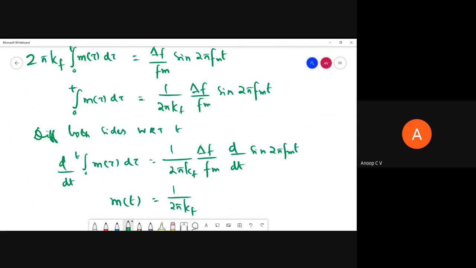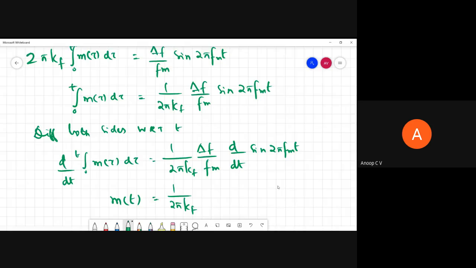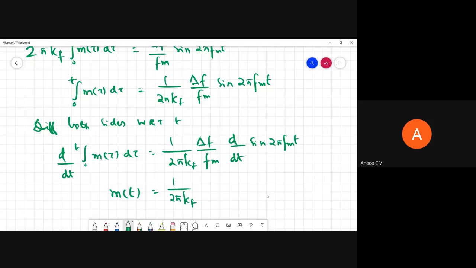So taking it as a general example and solving, from this you can get specific numericals. You may be asked to find only what is m of t, or you may be asked to find what is output SNR, all those aspects. But as I'm taking it as a general example and solving, I'll show the detailed steps.